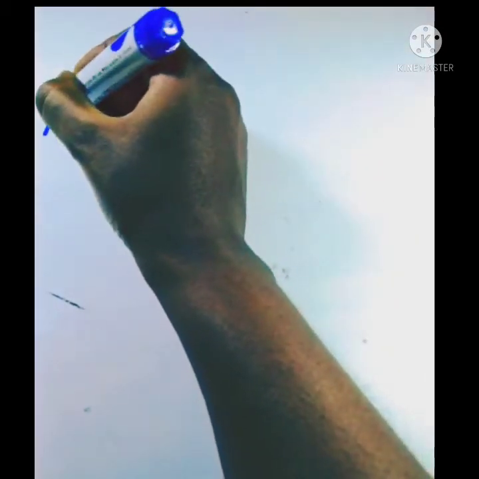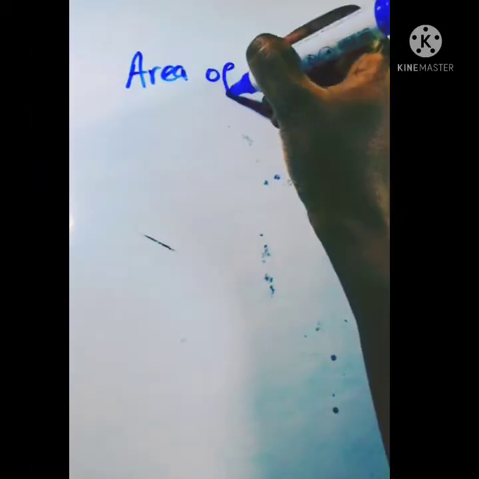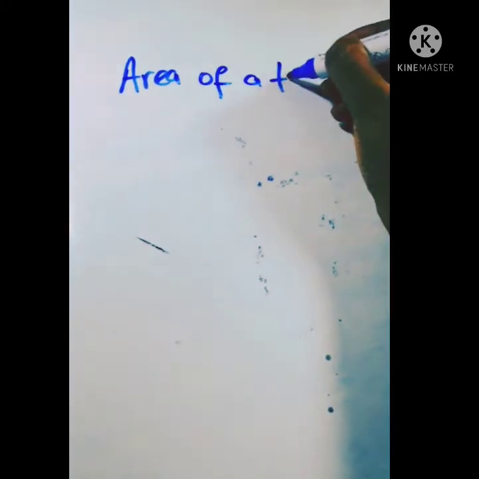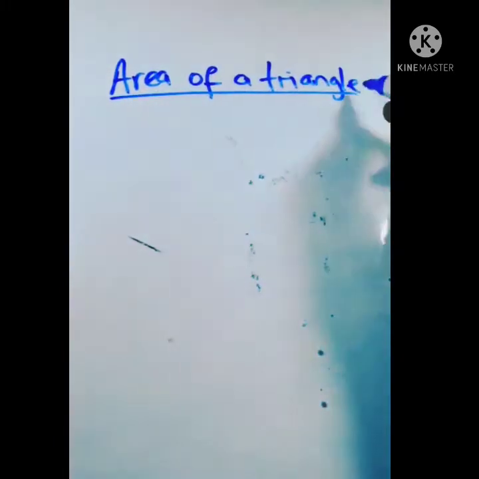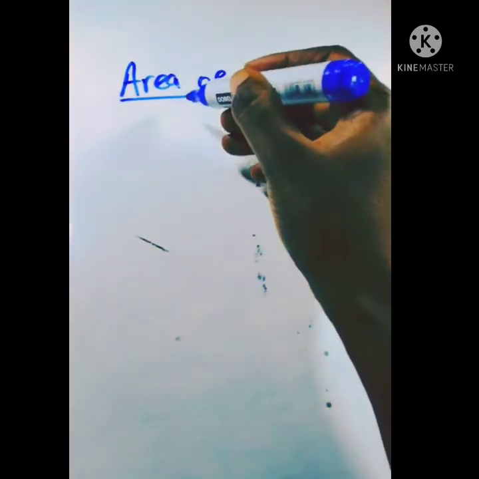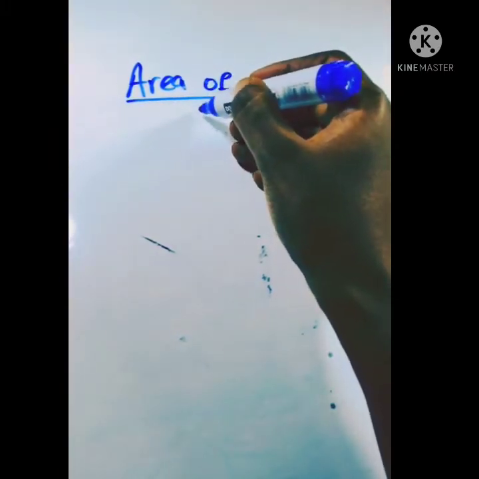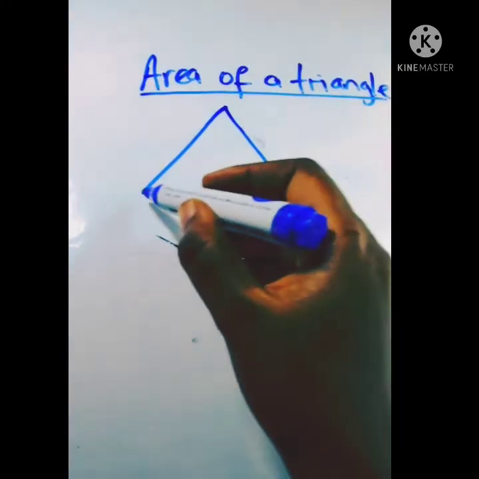And now let us find the area of a triangle. Now this is what a triangle looks like.